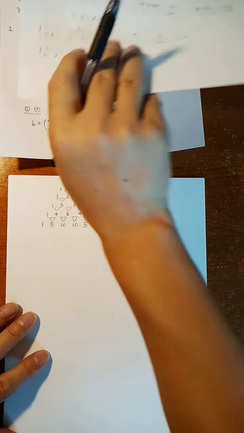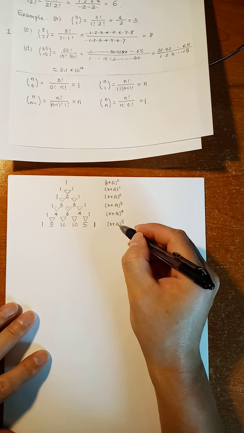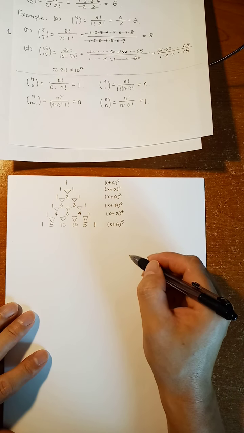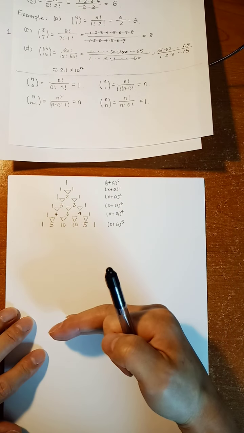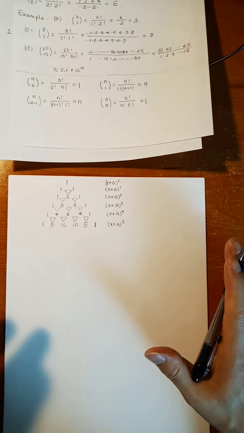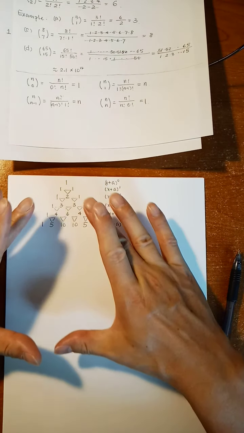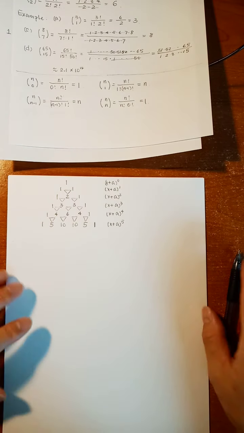So that's a very quick way. But if you want to get x plus a to the 65th power, you have to get the complete triangle. I say it's a quick way, but quick in a certain sense. You must get the complete triangle in order to get the next one. You cannot skip any step.